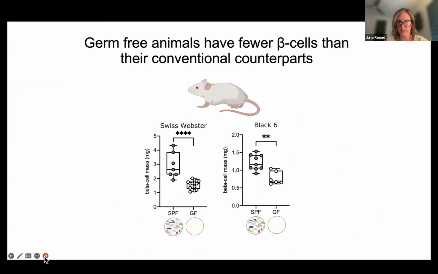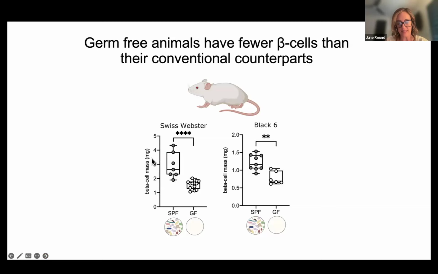So when Jennifer Hill joined my lab, she had done some work in zebrafish to show that the microbiota in zebrafish was really important in instructing the amount of beta cells in an adult zebrafish animal. And we had collaborated with Karen Gilliman's lab at the time to show that this was also true in a mammalian mouse model. So here I'm showing you data where we'll be looking at beta cell mass for the rest of the talk.